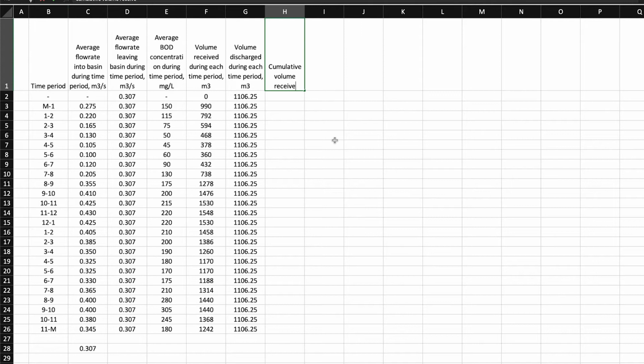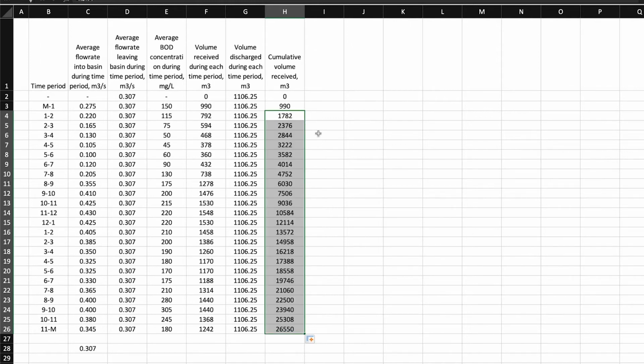Then we can calculate the cumulative volume that's received in the basin. So from midnight to 1 a.m., we've got 990 cubic meters. But by 2 a.m., we've got those 990 cubic meters plus 792, which gives us a value of 1782.